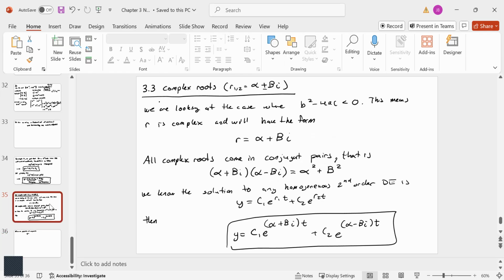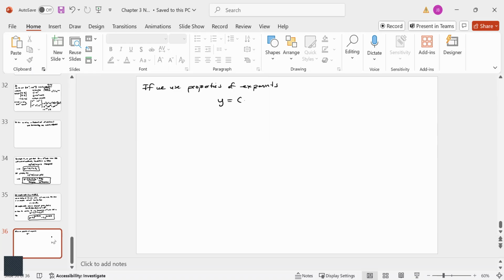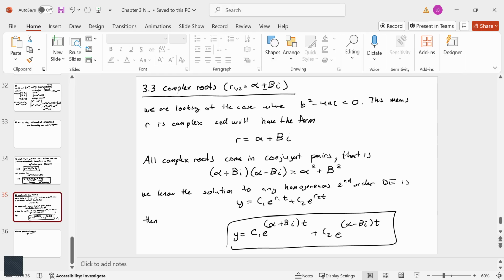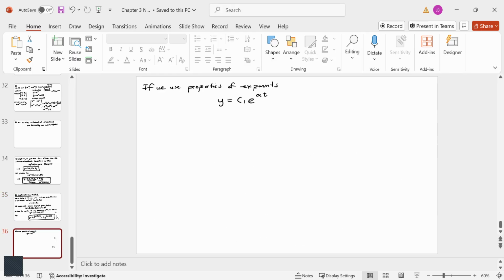So I could break up the alpha and the beta into e to the alpha t, because you do have to distribute t into each term, and then e to the beta i t plus c2 e to the alpha t, like that. And then e to the negative beta i t, like that, right? So we have basically broken it up into two aspects, alpha and beta.